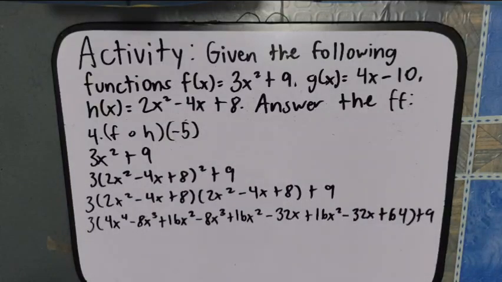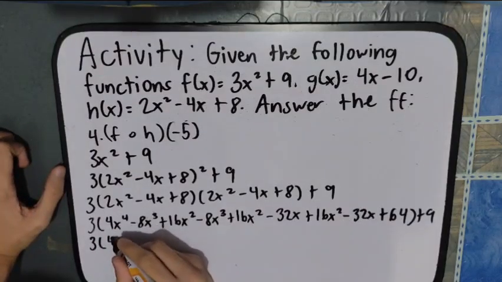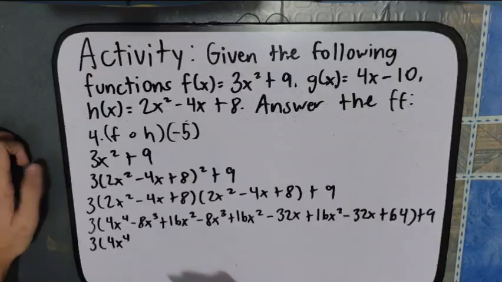And now we are going to combine like terms inside this parenthesis. So to make it much simpler, we're going to arrange them first from the highest exponent to the lowest. So let's arrange first 4x raised to 4.